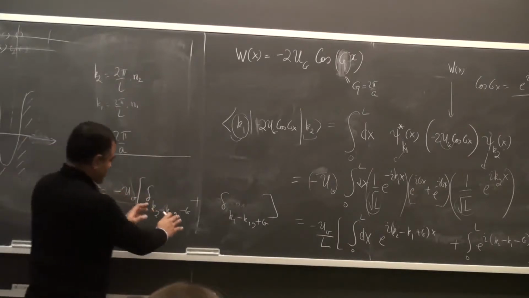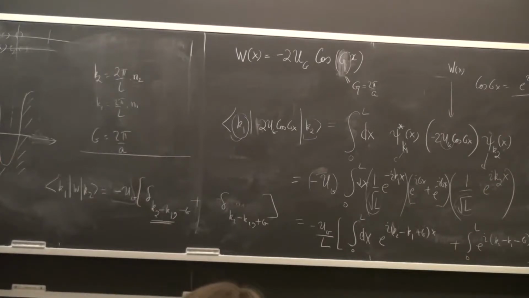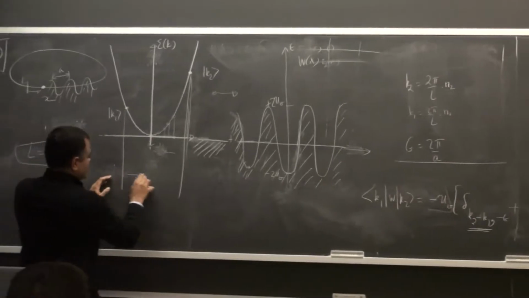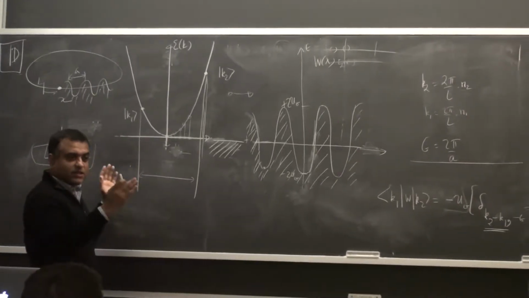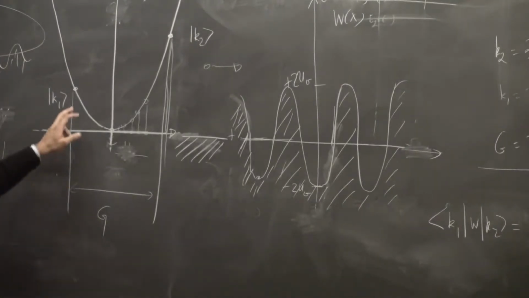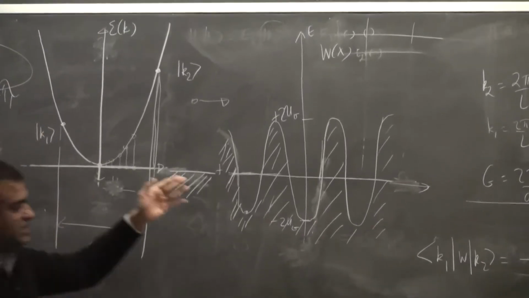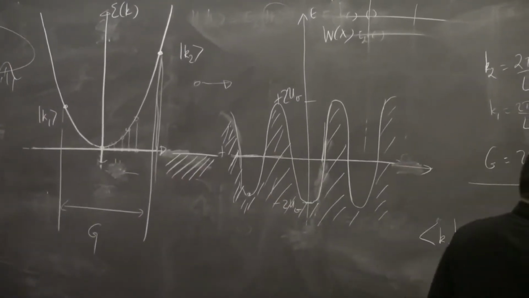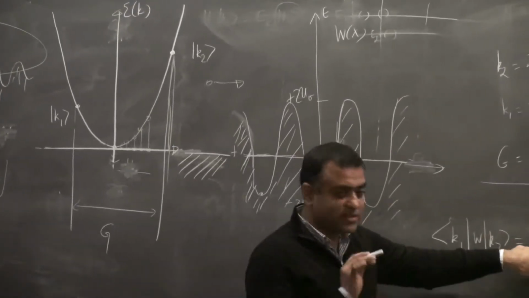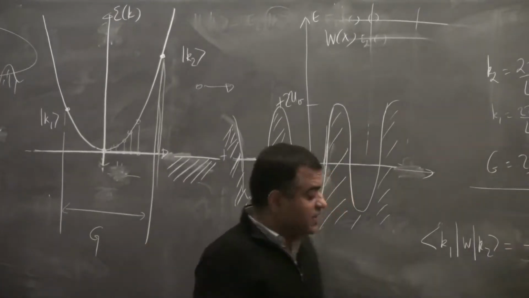After evaluating that matrix element, it's saying that any states 2 and 1, if the difference between them is equal to plus G or minus G, meaning the difference is equal to this reciprocal lattice vector, they are going to be coupled by this periodic potential, right? Does that make sense? That's physically what it's saying: if K2 minus K1 is plus G or minus G, you are going to get coupled. The strength of that matrix element is minus UG. It's also giving you the value of the matrix element right away.